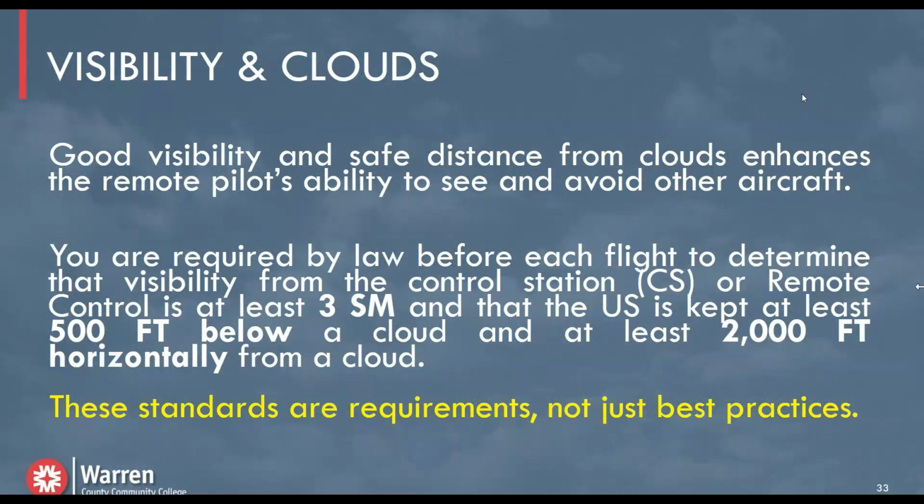So if you went out to fly a mission and you needed to fly that mission at 200 feet, but the cloud cover was at 600 feet, you would not be able to fly that mission, because you'd only be able to fly to an altitude of 100 feet, because you would need to keep that 500 feet between your unmanned aircraft and the cloud. So 900 feet will get you to your 400, because you subtract 500 from 900, 400 is left.